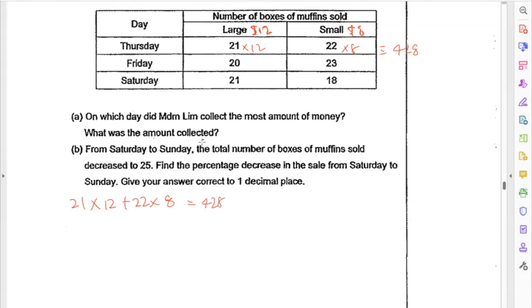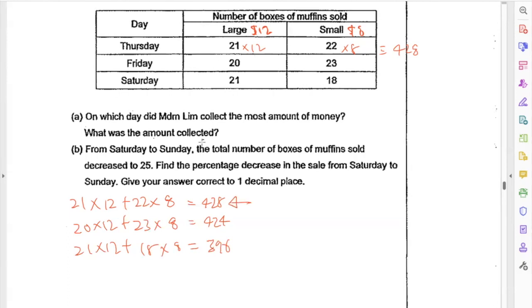This is Thursday. Friday will be 20 times 12 plus 23 times 8. I'll get 424. And the last one, Saturday, 21 times 12 plus 18 times 8. I will get 396. So 428 is the highest, the most amount of money.